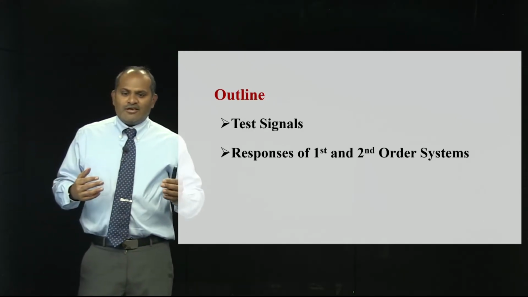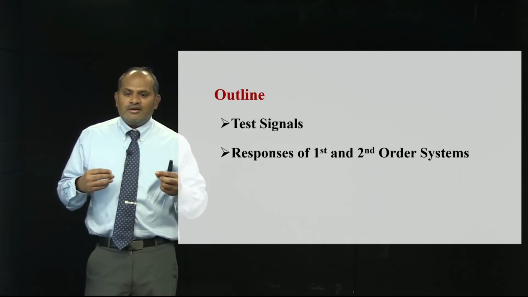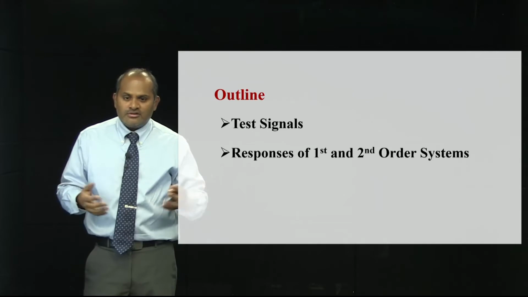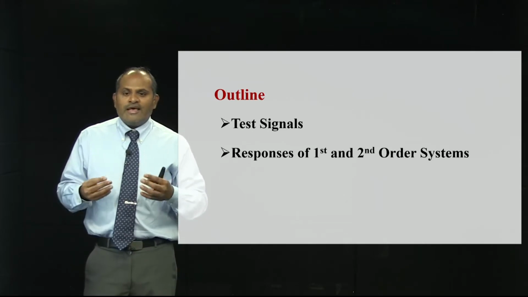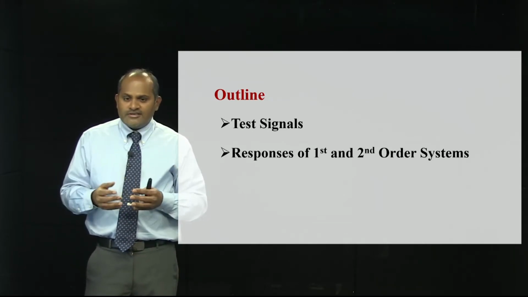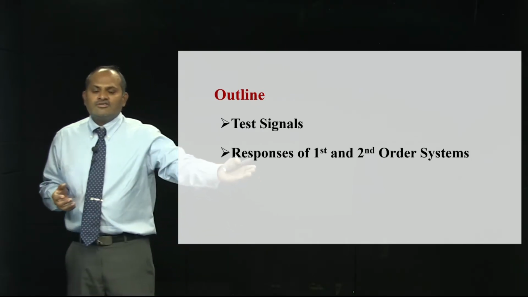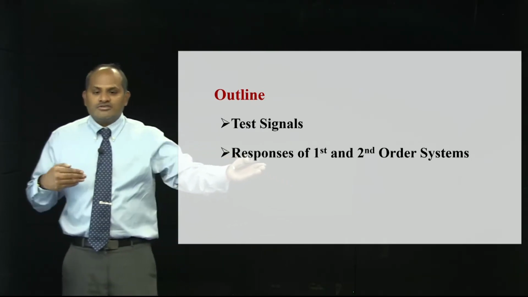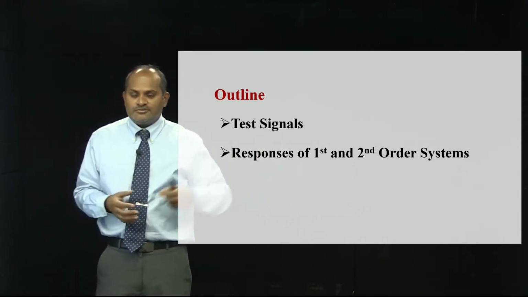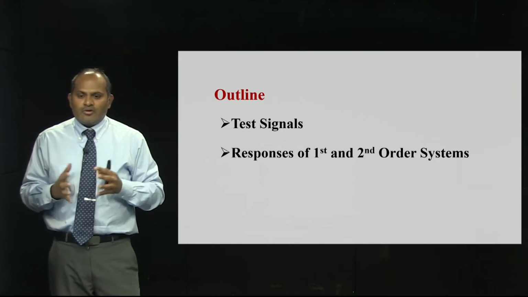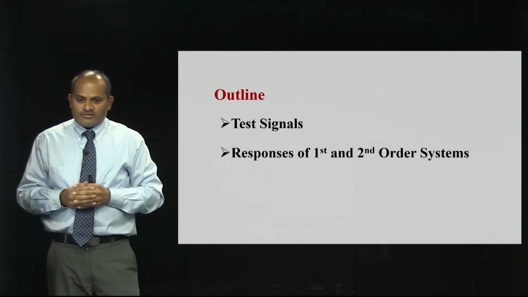Test signals are the signals that help us test the system performance, or analyze the system properties and system characteristics. The next part is responses of first and second order systems. The first and second order systems form the core part of automatic control systems.